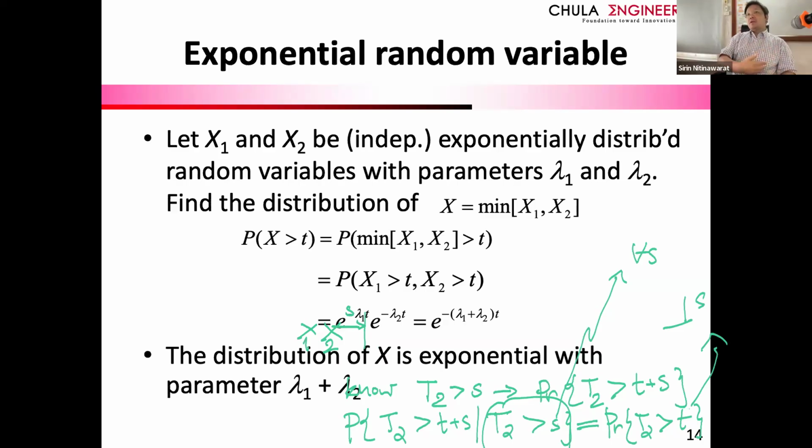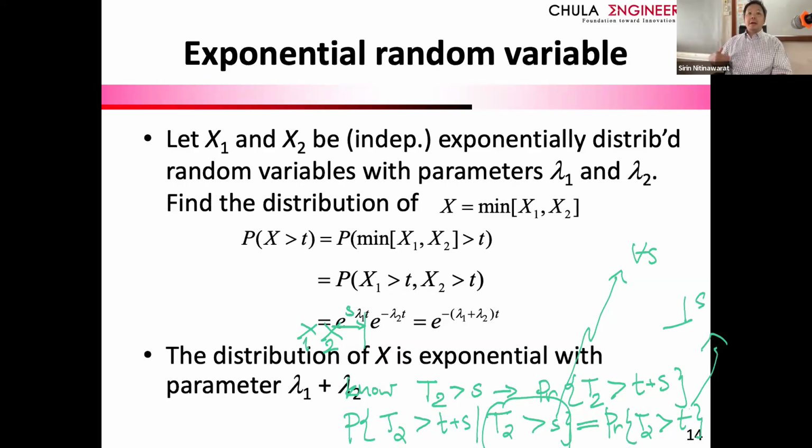Now you can apply this to the Poisson arrival process. If you take the minimum of many inter-arrival times, that minimum will also be exponentially distributed, with the parameter being a multiple of lambda, depending on how many inter-arrival times you take the minimum of.